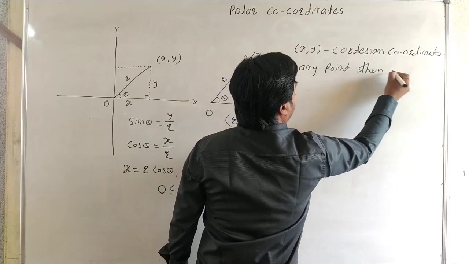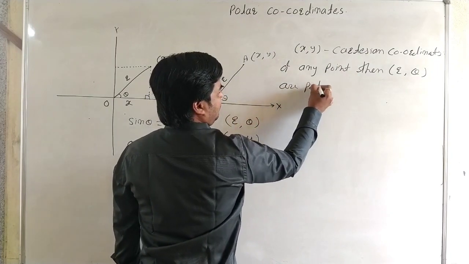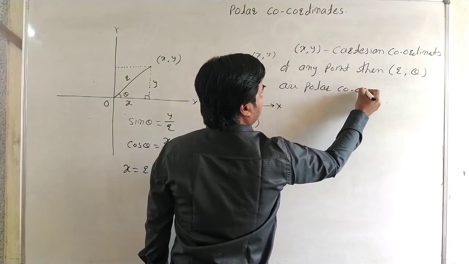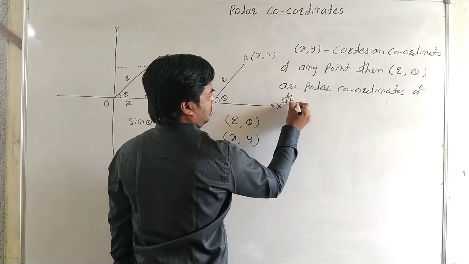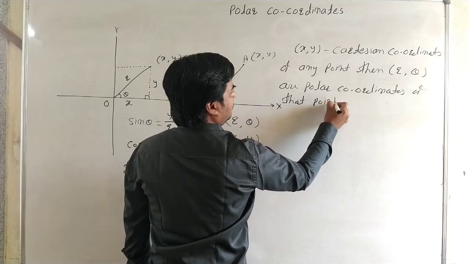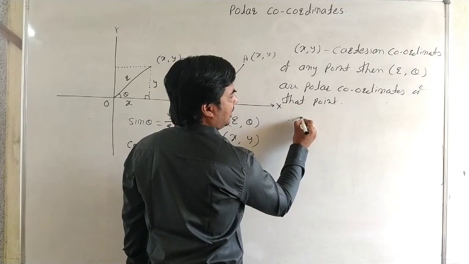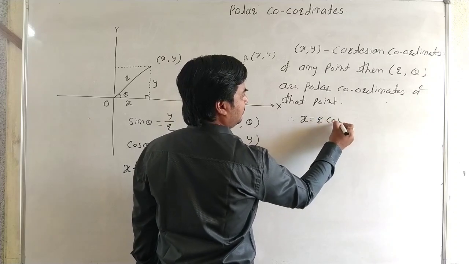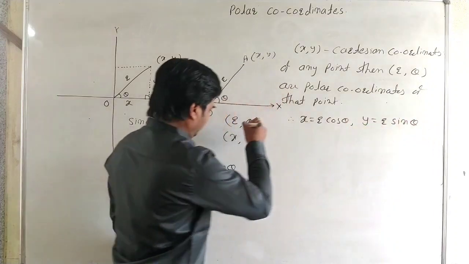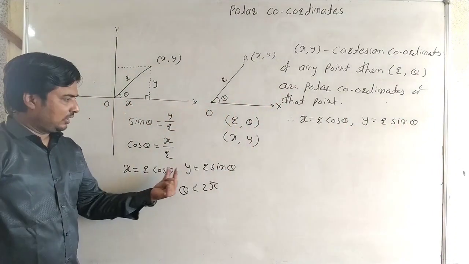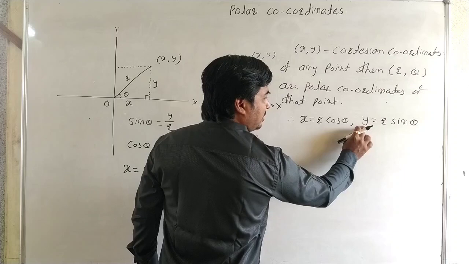Then r comma theta are the polar coordinates of that point. Therefore, see carefully, x is equal to r cos theta and y is equal to r sin theta. Now x is equal to r cos theta, y is equal to r sin theta.